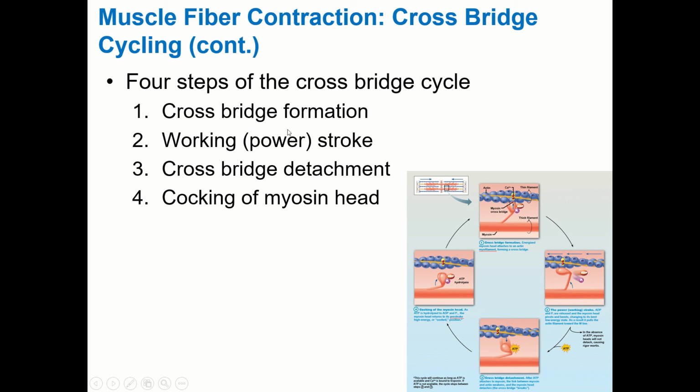The next thing that happens is that myosin is going to pull actin toward the midline. That's the working or power stroke, and that's what's depicted over here. First myosin jumps up and attaches to actin, and then myosin changes shape and pulls actin toward the midline, toward the M line when we're thinking about the structures within a sarcomere. That's what's happening here in picture number 2.